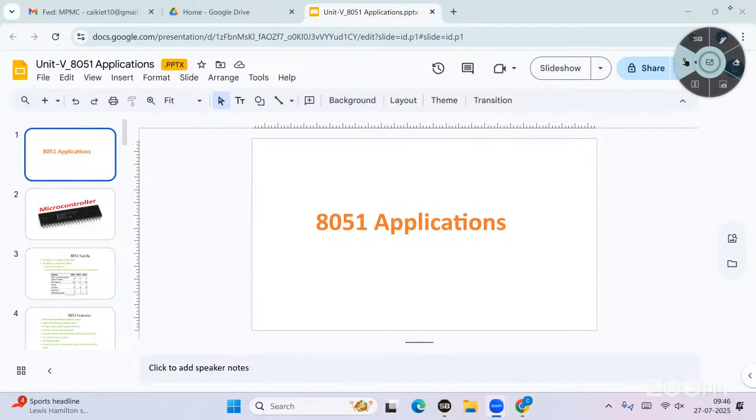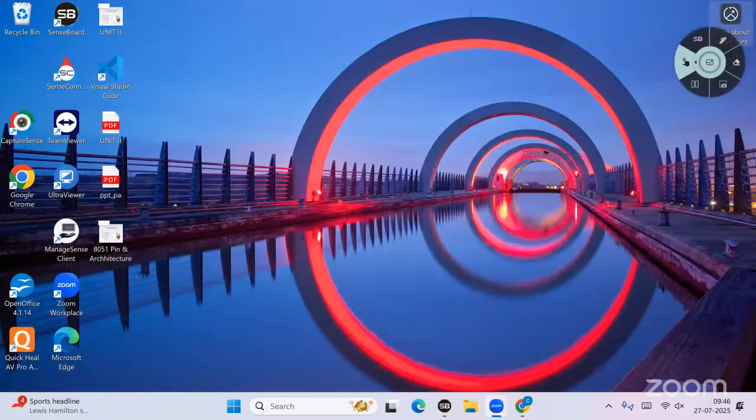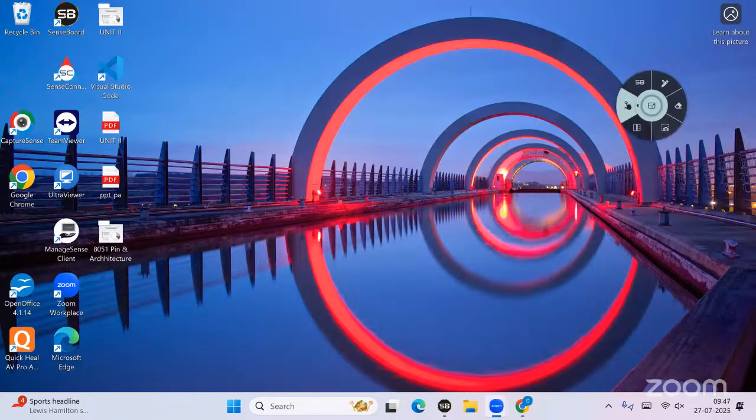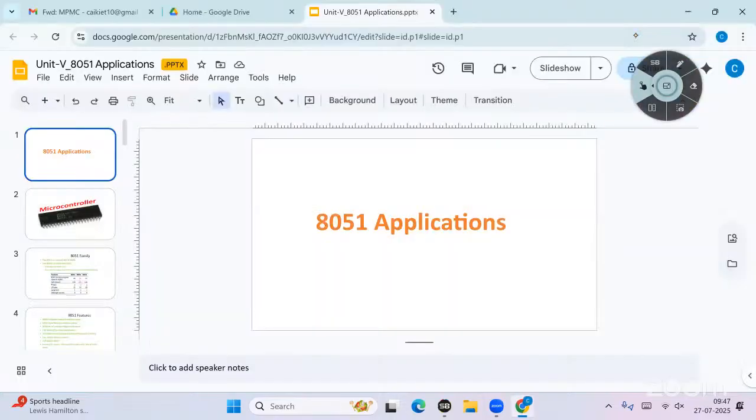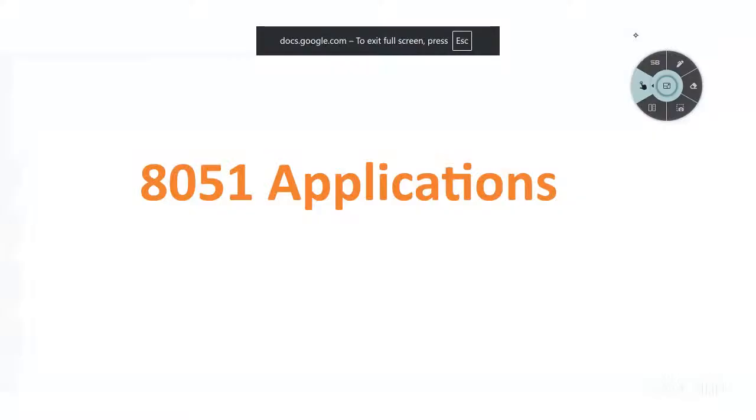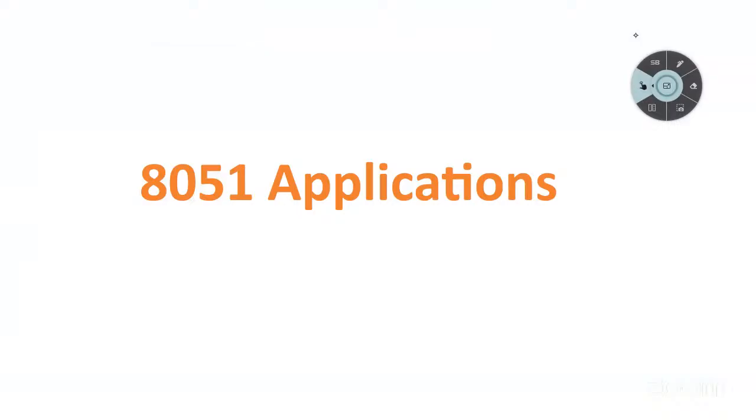Okay. So coming to the difference between microprocessor and microcontroller, the microprocessor has only the CPU, but does not have any input and output devices or memory. The microcontroller has the input output devices, the CPU and on-chip memory.